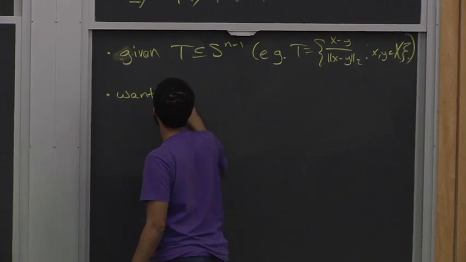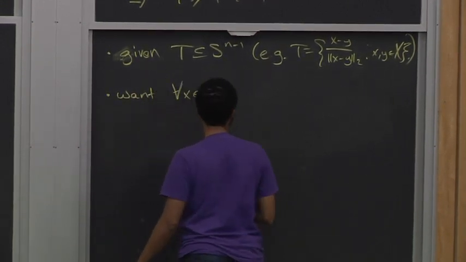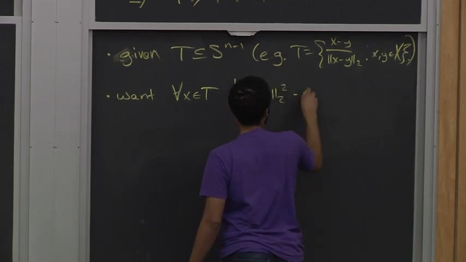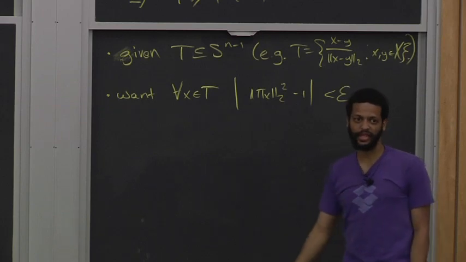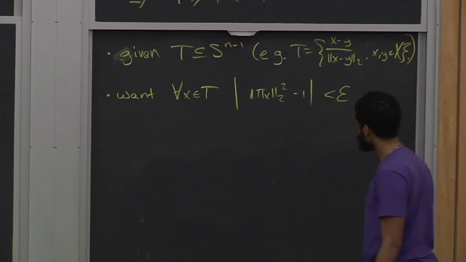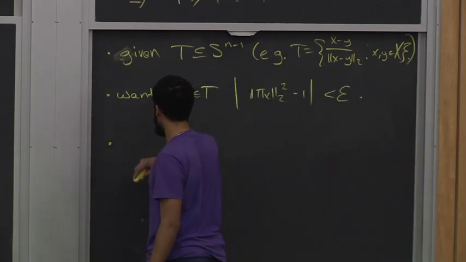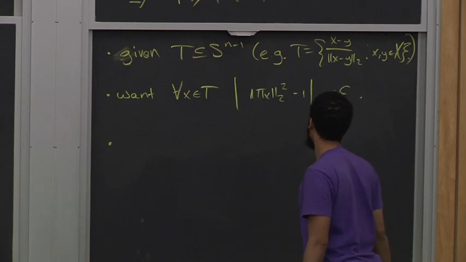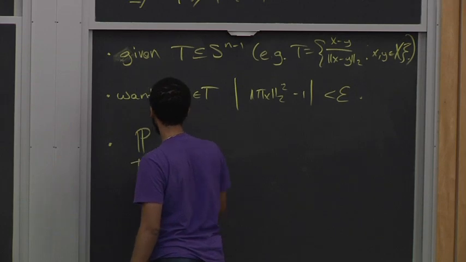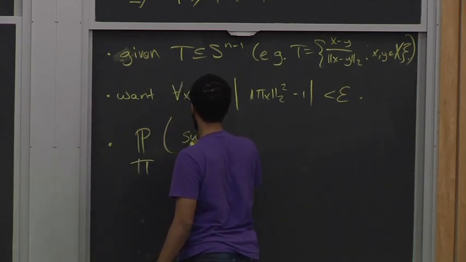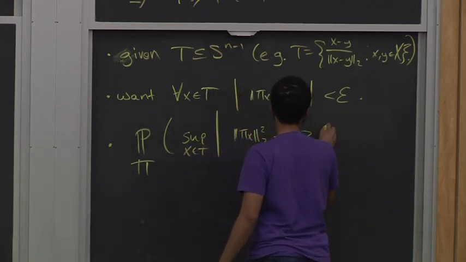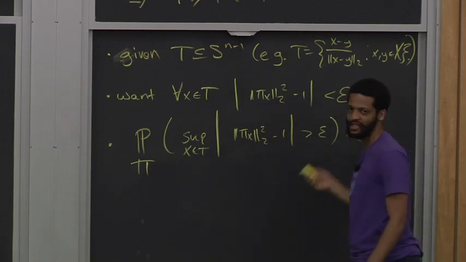We want that for all x in T, the absolute value of the L2 norm squared of pi x minus 1 is less than epsilon. That's what we want. And maybe, since pi is random, what we want is that the probability over pi from some distribution that the sup over x in T of the absolute value of pi x squared minus 1 is bigger than epsilon is less than delta, or less than something.